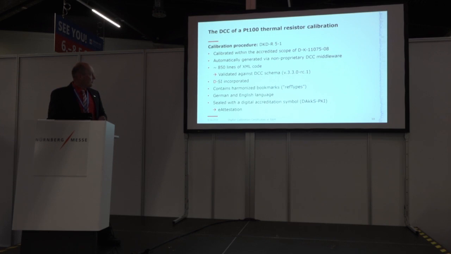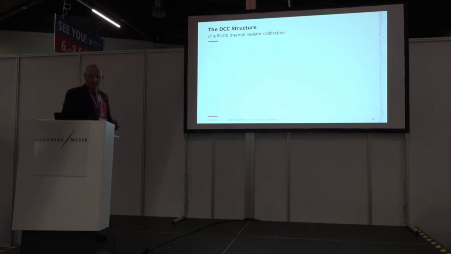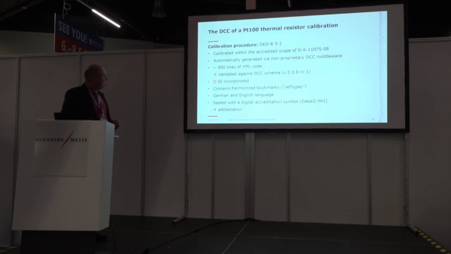We are using the most current version of it because the Digital SI just had an update some weeks ago, and this is only incorporated in this newest version, and we are already using some of these novel architectures that the DSI provides us. So DSI is already incorporated. It contains these harmonized bookmarks, these ref types I was talking about. That's very important. And our paper certificates come in German and English language, and so does the DCC. So you can put as many languages as you want inside.